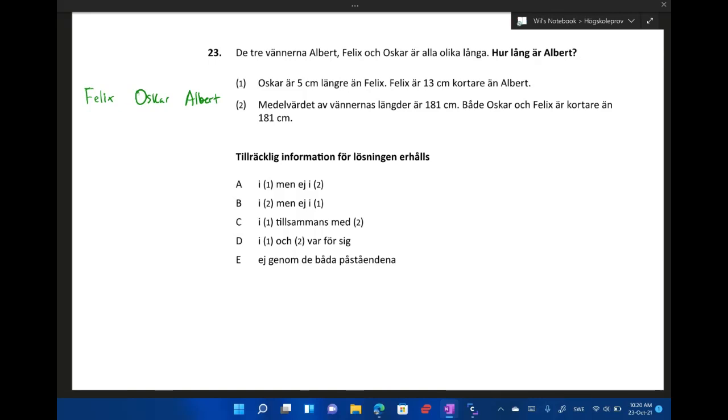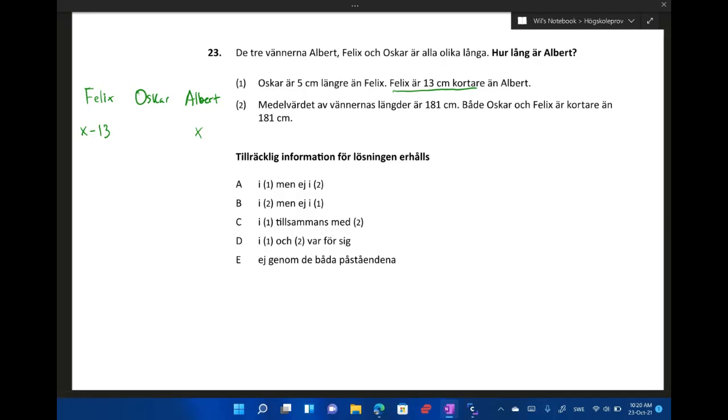Since Oscar's height is dependent on Felix's height, and then Felix's height is dependent on how tall Albert is, we're going to start with Albert. We'll say that Albert is X centimeters tall. If Albert is X centimeters tall, it says Felix is 13 centimeters shorter than Albert. So that means Felix is going to be X minus 13.